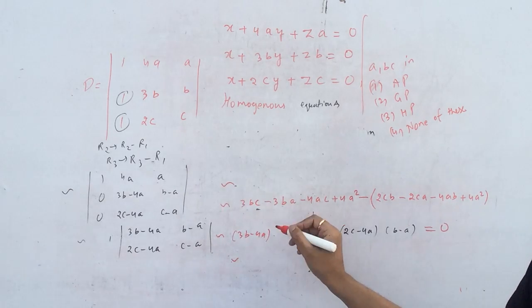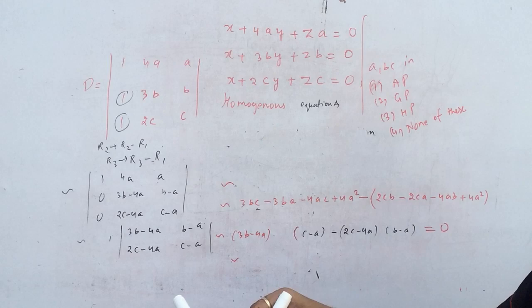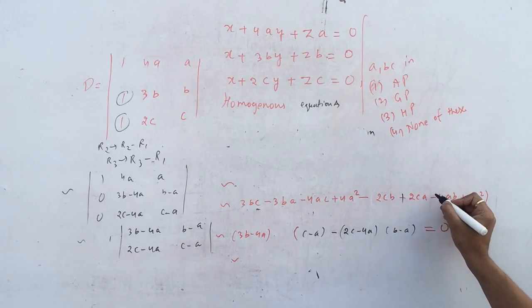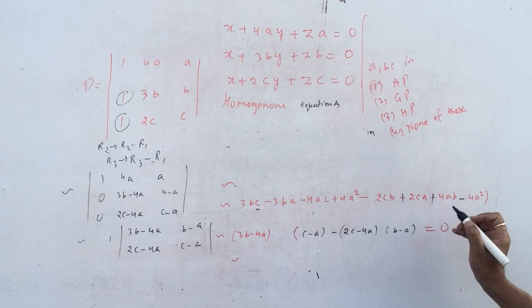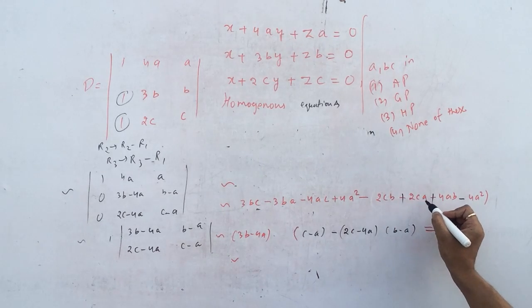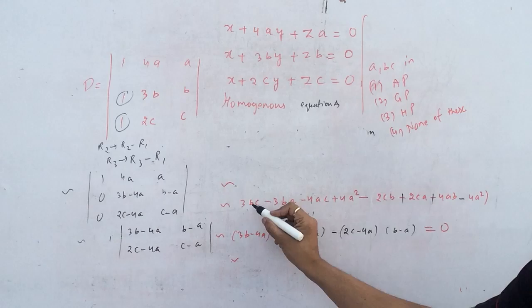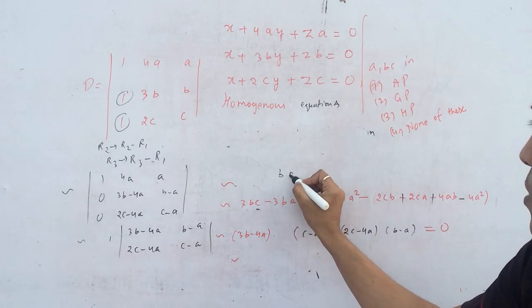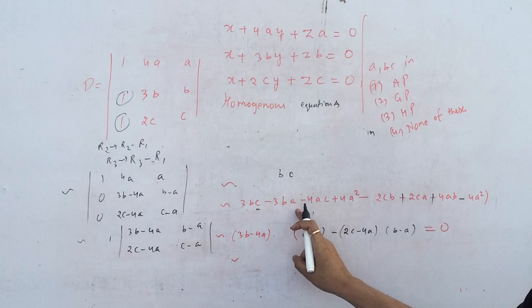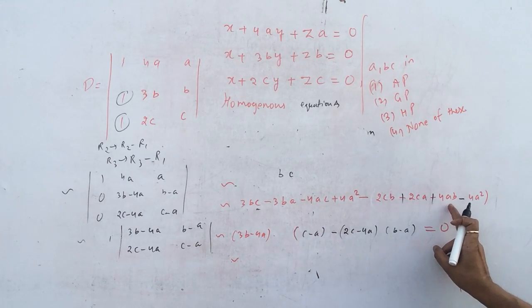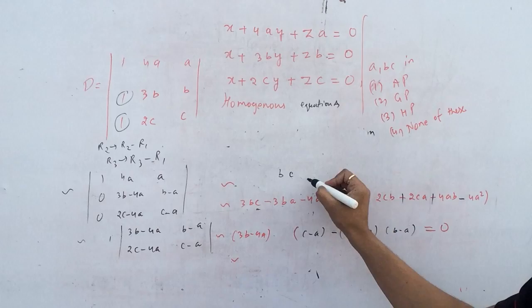When you change the sign here, what do you get? 3bc minus 2bc is bc, minus 3ba plus 4ab is plus ab.